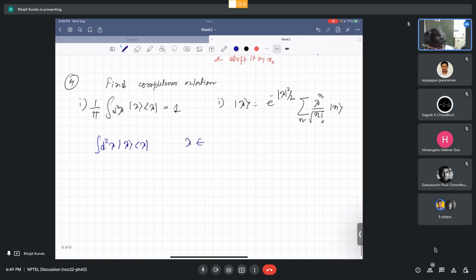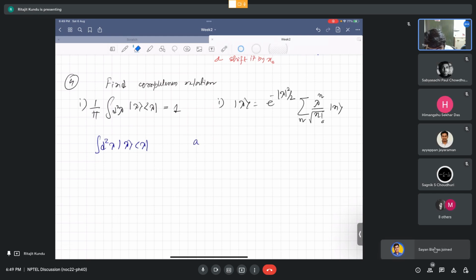As you know, from the property of coherent states, A acting on a coherent state lambda gives you lambda times that state. So lambda is generally a complex number, belonging to the complex numbers. That's why the integration is over the whole complex plane, and I have written d2 lambda, which means integration over the whole complex plane.